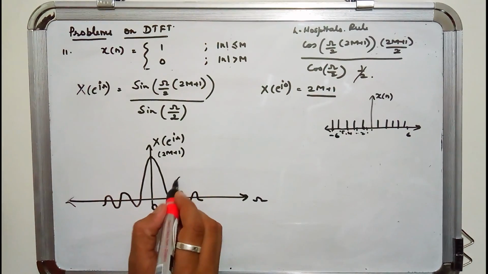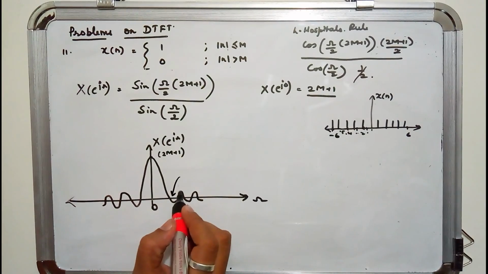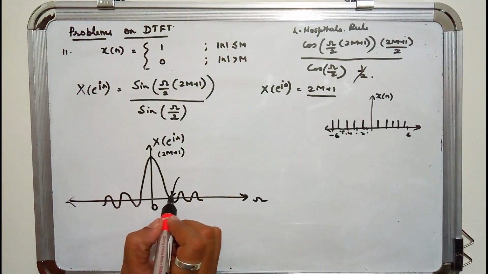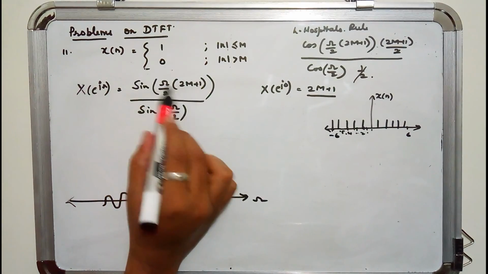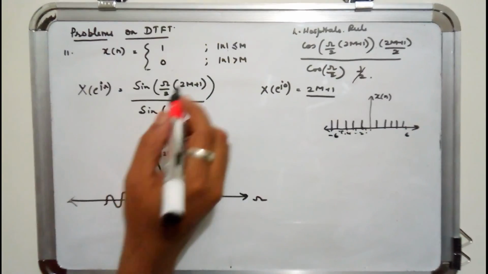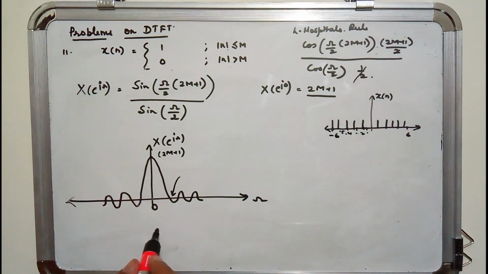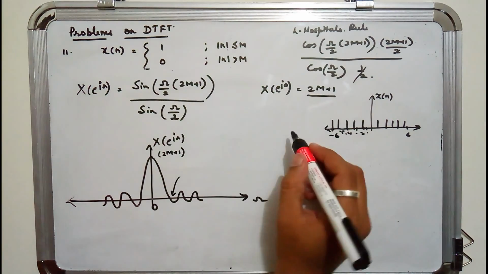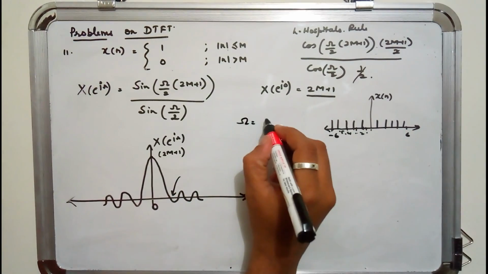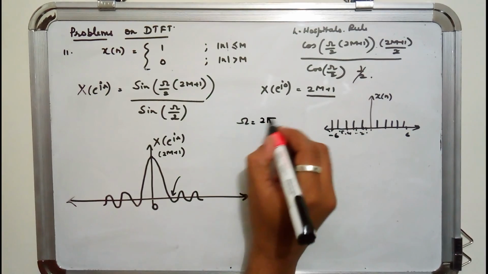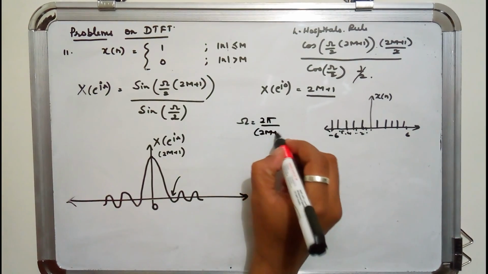Now where do you get the first zero crossing? The zero crossing is possible when you get sin pi. Sin pi is 0. So for what value of omega do you get sin pi? It is if omega is equal to 2 pi by 2M plus 1.